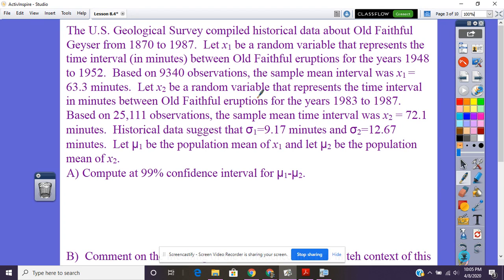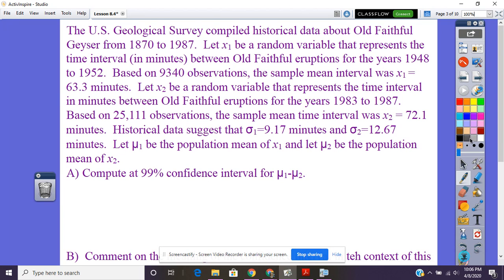Let x2 be a random variable that represents the time interval in minutes between Old Faithful eruptions for the years 1983 to 1987. Based on 25,111 observations, the sample mean time interval was 72.1 minutes. Historical data suggests that we have these two population standard deviations. So let mu1 be the population mean for x1 and let mu2 be the population mean of x2. Compute a 99% confidence interval for mu1 minus mu2.